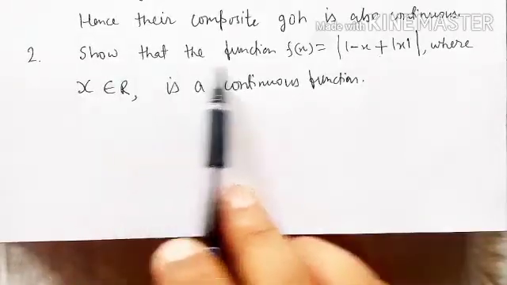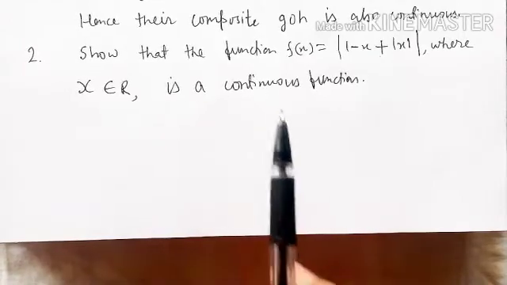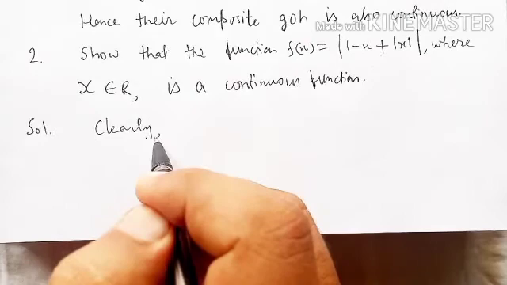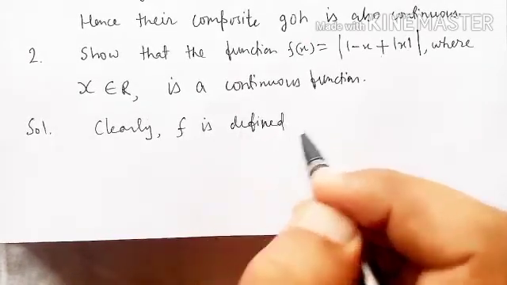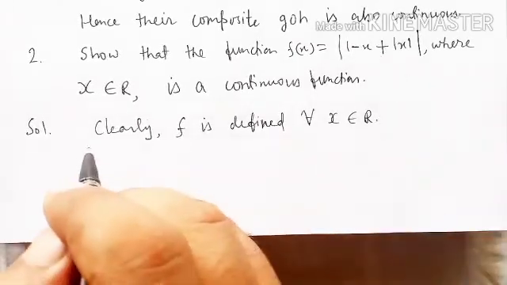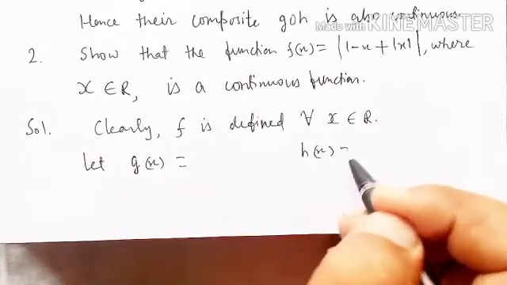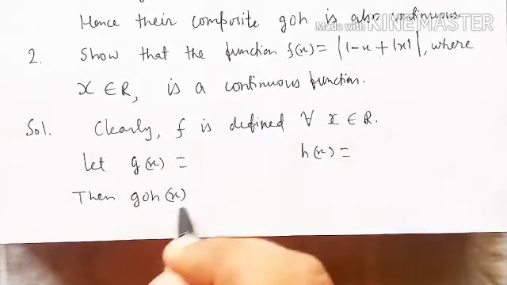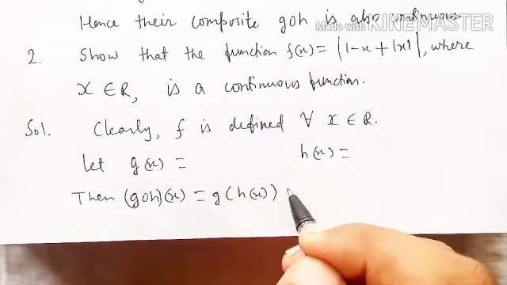Show that the function f(x) equals mod of 1 minus x plus mod x, where x belongs to R, is a continuous function. Solution. Clearly, f is defined for all x in R. Now we have to find g(x) and h(x) such that g o h of x is equal to f(x).